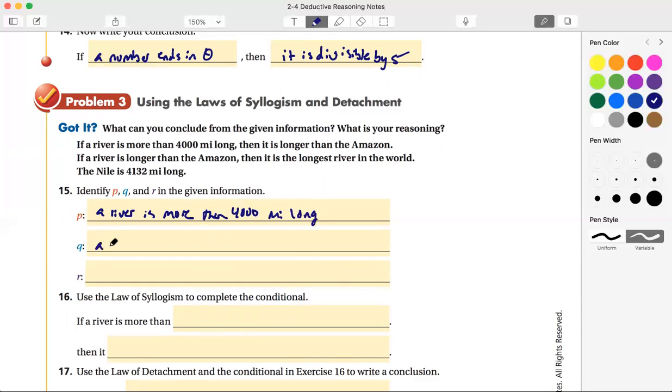Q, a river is longer than the Amazon. R, a river is the longest in the world.